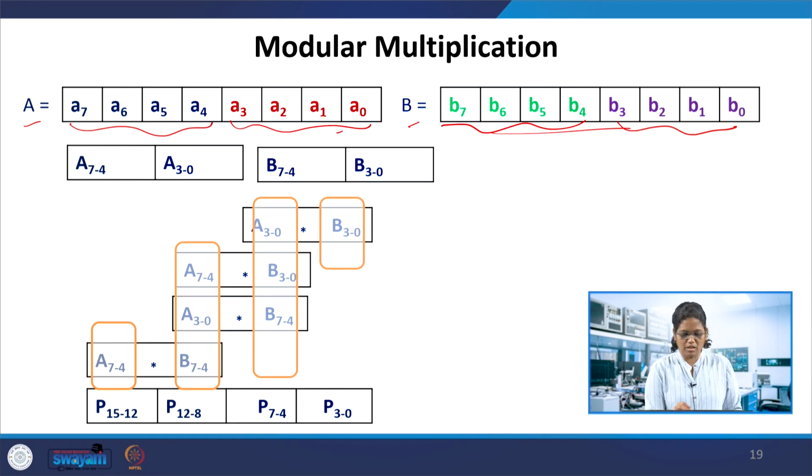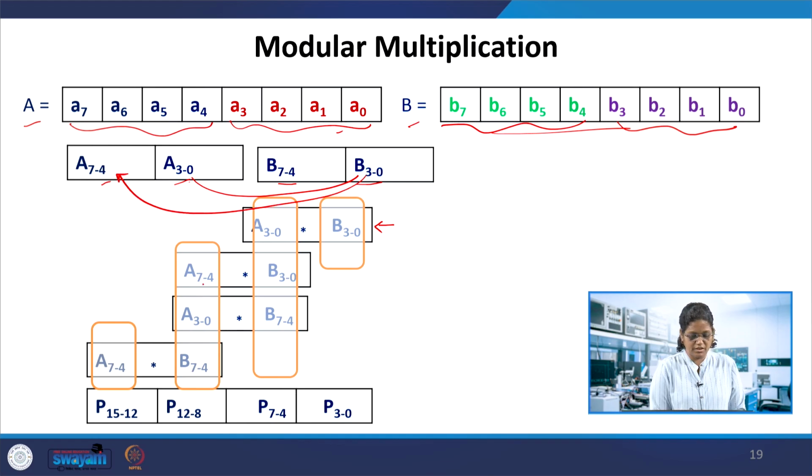Two sets of numbers can be taken and represented like this: A30 and A74, and similarly B30 and B74. Now the multiplication can be done with first A30 and B30 to get this. Then we have B30 multiplied with A74, so it is shifted, and the next one is A30 multiplying B74.